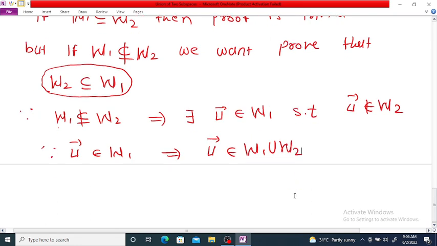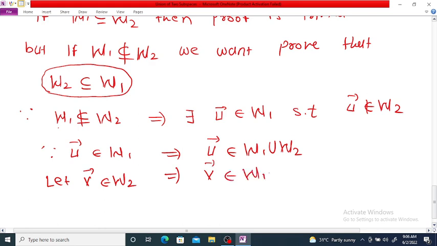Let v bar belonging to W2 be any element. Then v bar belongs to W1 union W2.